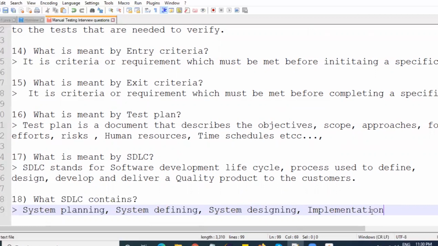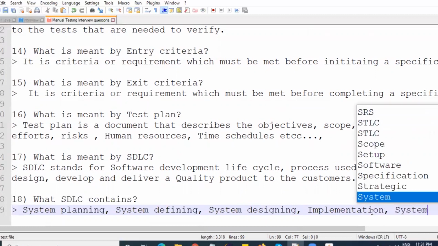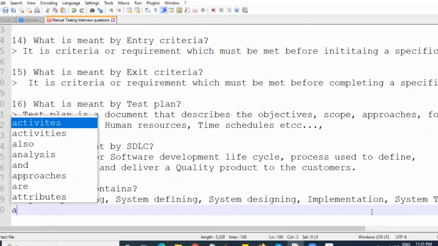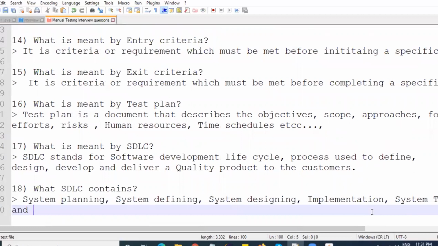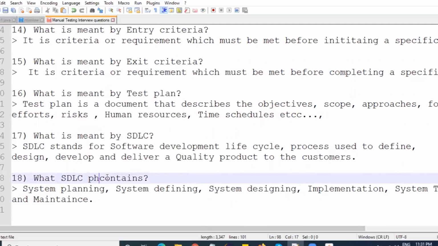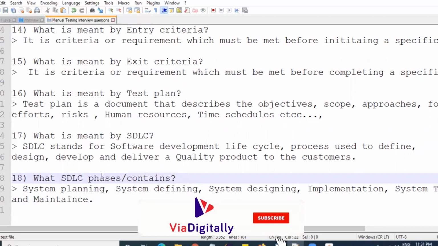Next is system testing, which is the testing part, and maintenance of the product. So these are the different contents, or phases, as we call them. These are the things we have in SDLC.